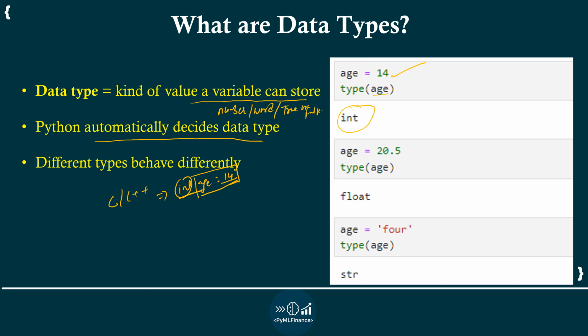So Python has automatically detected that the age variable has data type int. Similarly, if you define age = 20.5, some floating number, Python automatically detects it is a float data type. Similarly for string, here age has a string value assigned, so the data type of age is string.